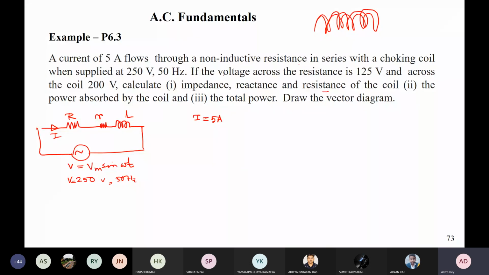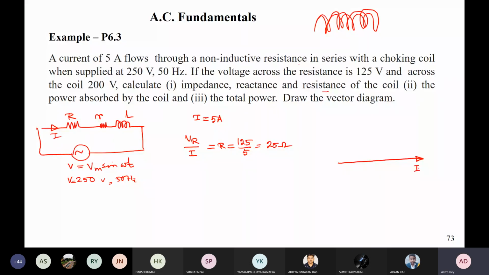What else is provided? Drop across resistance is 125. So this is your VR, so VR by I will give you your R. As I told, whenever it is a series circuit, we should take current as our reference phasor.